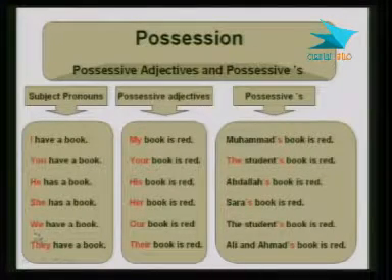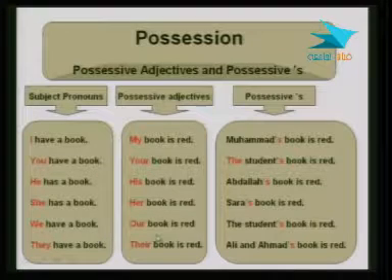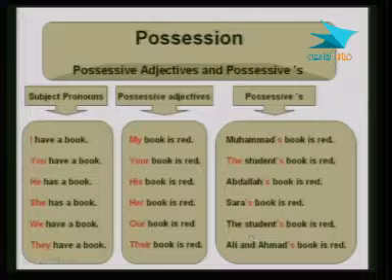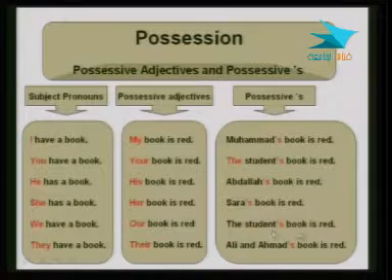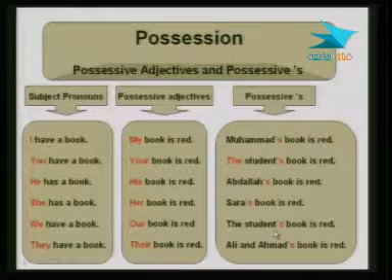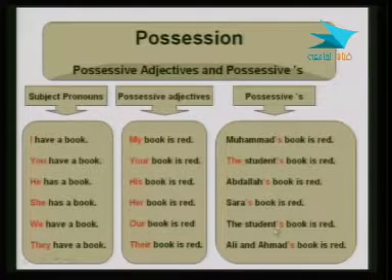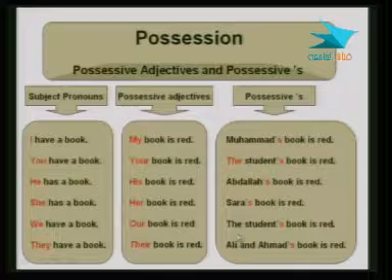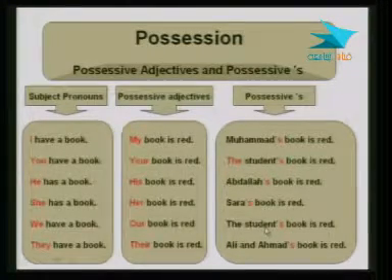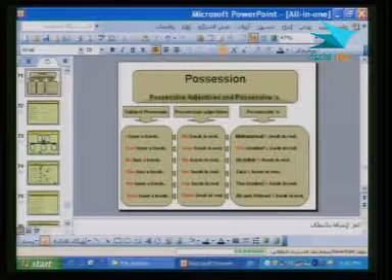And then with we, all right, we have a book. Our book is red, because we are, of course, the students. And here we can actually use the noun, the students. It has to be plural because we wanted to indicate something different here.